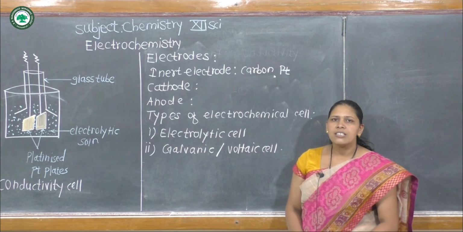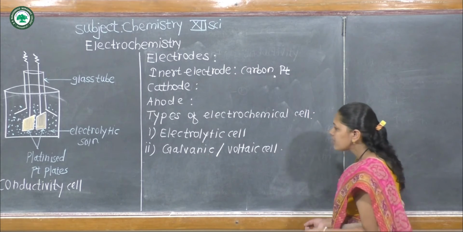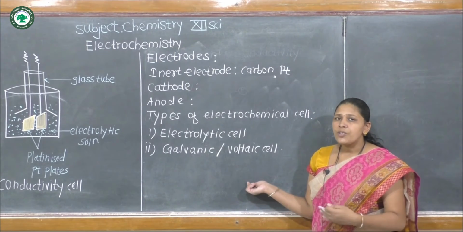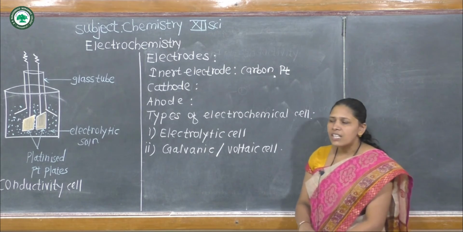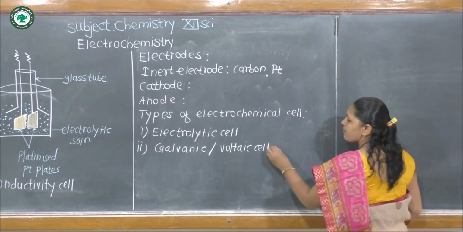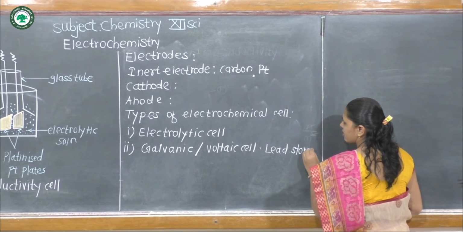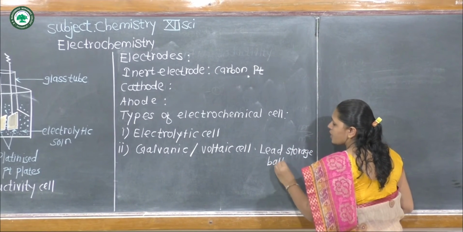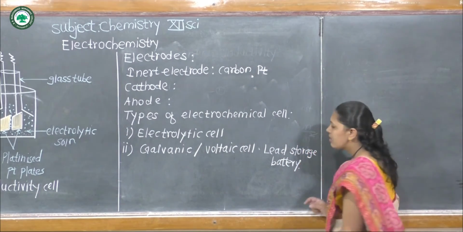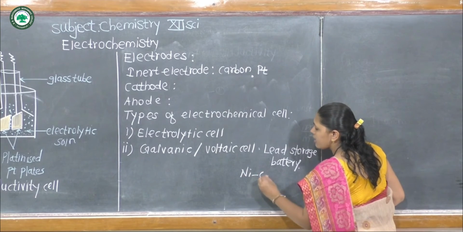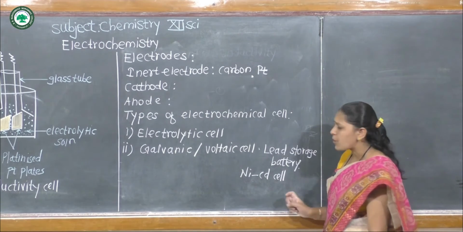Examples of galvanic cell are the cells which are used in generation of electricity. Example of galvanic cell: lead storage battery. Then nickel cadmium cell is also a galvanic cell in which electricity is produced.